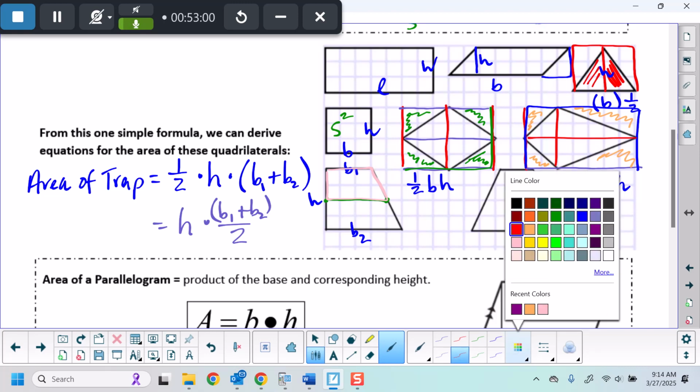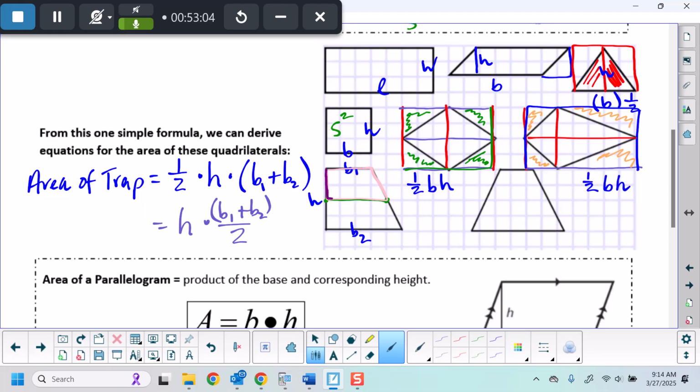Maybe I'll do it in a darker color. This darker purple maybe. I'm going to take that half of that and I'm going to flip it or rotate it around and bring it down here. Do you see how I just made a rectangle?